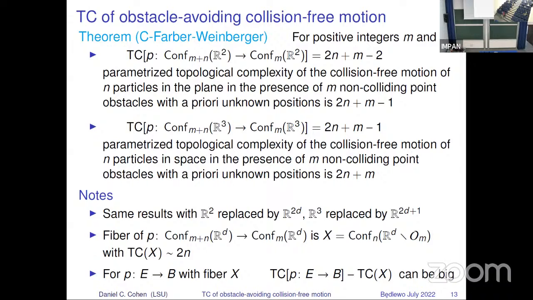When we're trying to parameterize motion plan our drones in space with m weather balloons in the way, the parameterized topological complexity of the Bedlewo fibration, configurations of m plus n points in space to m points in space, is a little bit bigger, 2n plus m minus 1.